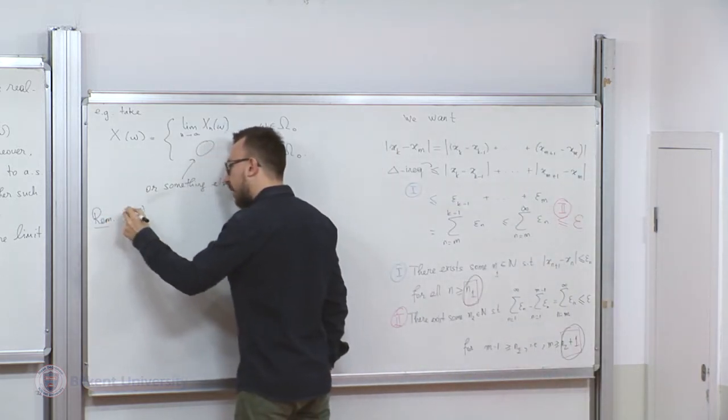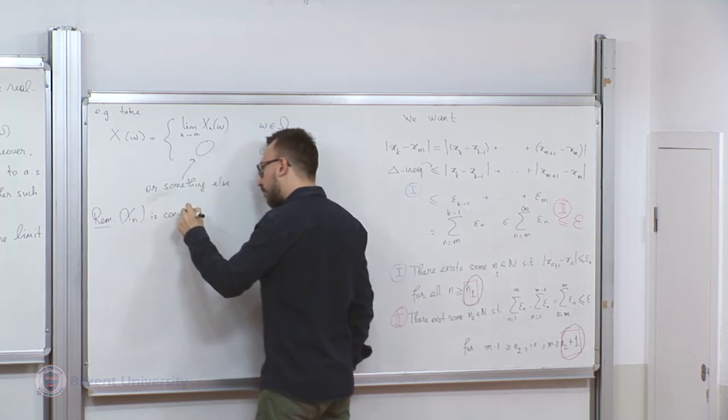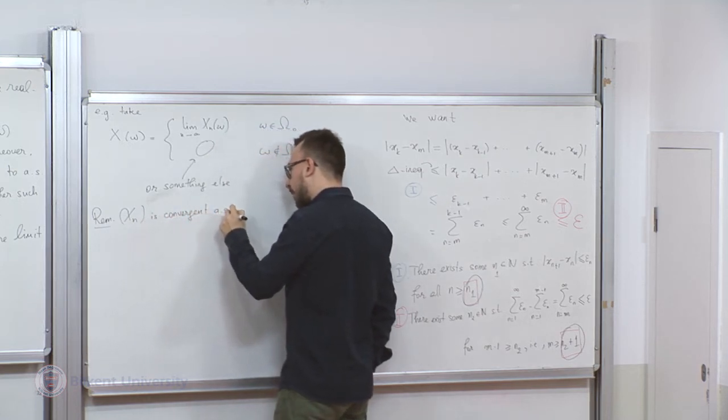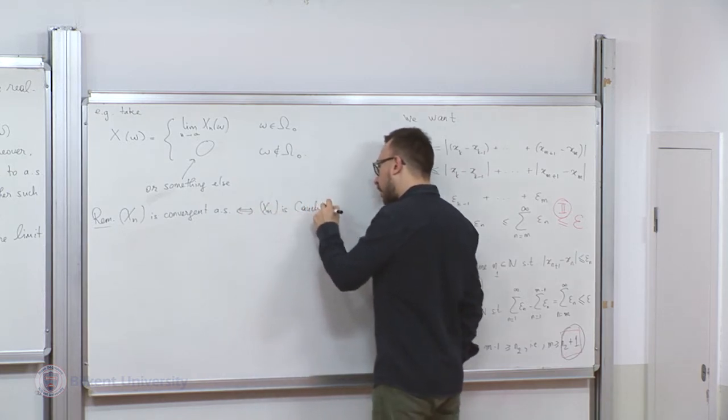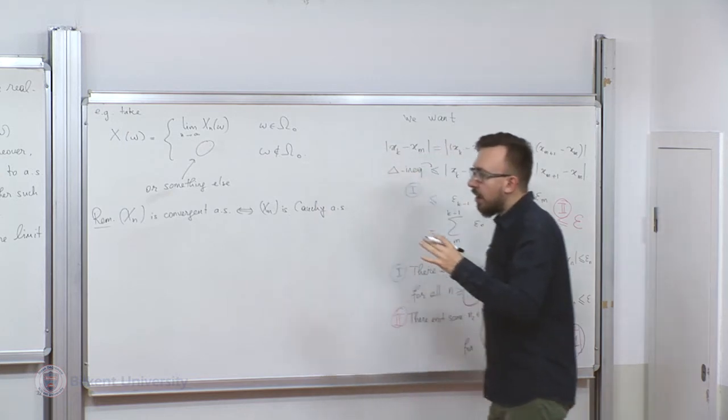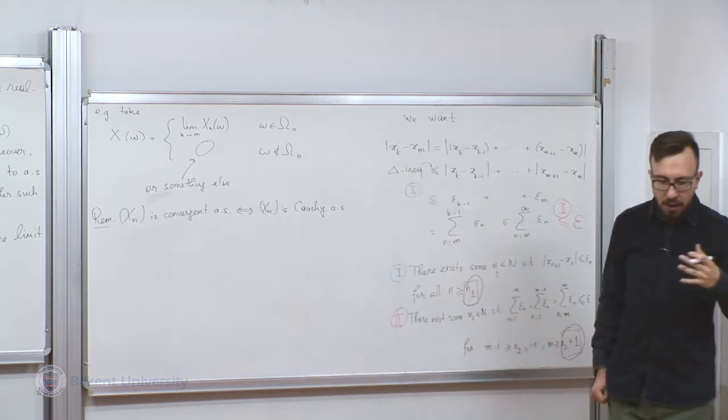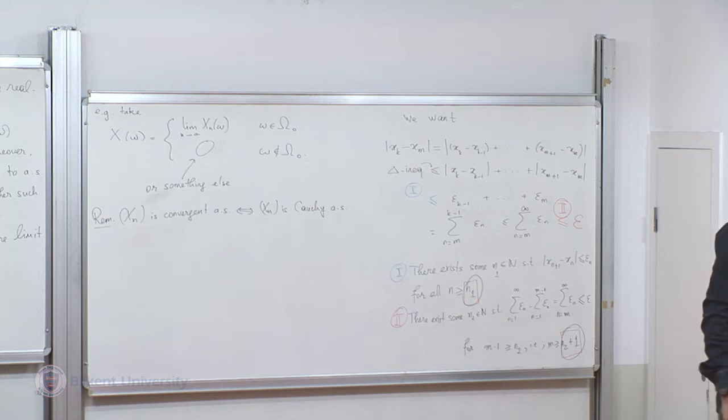So xn is convergent almost surely if and only if xn is Cauchy almost surely, meaning that for every omega in a set of probability 1, you have that xn of omega is a Cauchy sequence. Because convergence and being Cauchy are just equivalent things, omega by omega. So if you have one with probability 1, you have the other with probability 1.